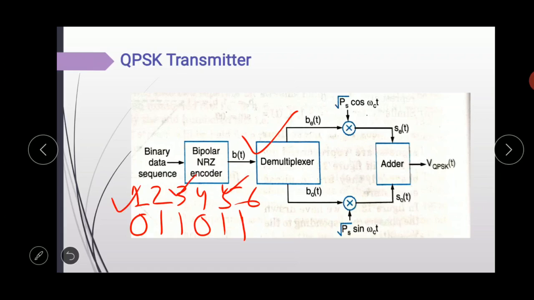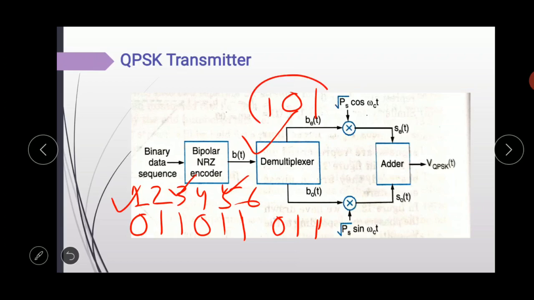The demultiplexer splits the input signal into two waveforms, one even and the other odd. Bits 1, 3, 5 are odd bits, and bits 2, 4, 6 are even bits. Like this, the waveform is separated accordingly into even bits and odd bits.